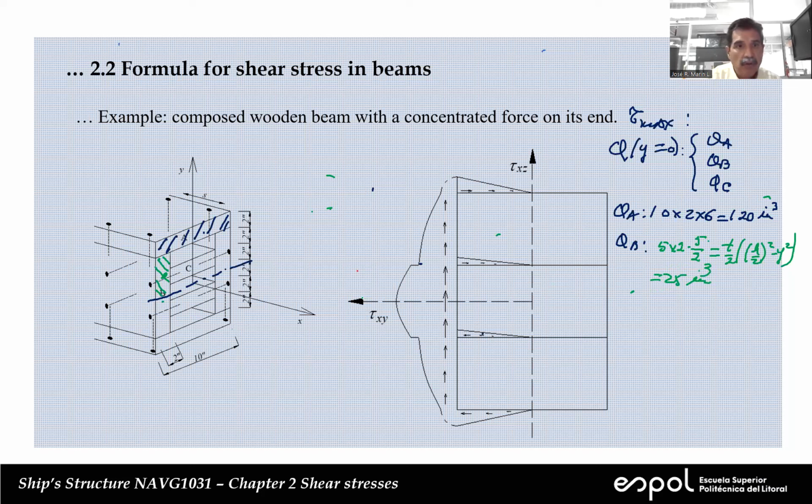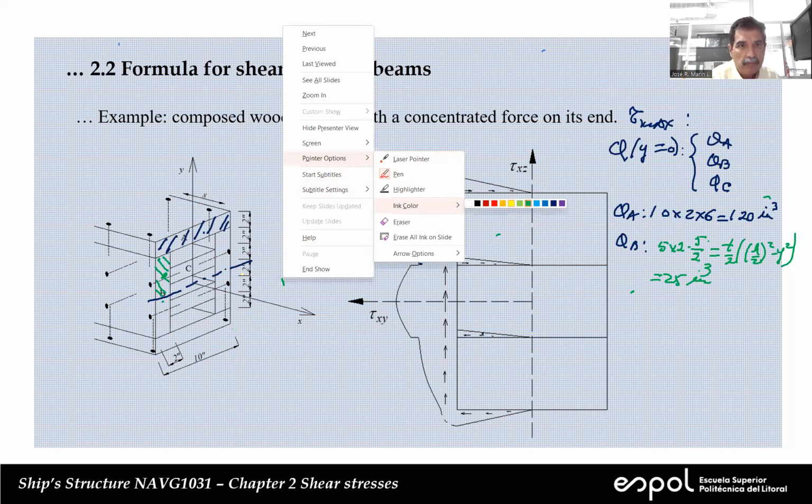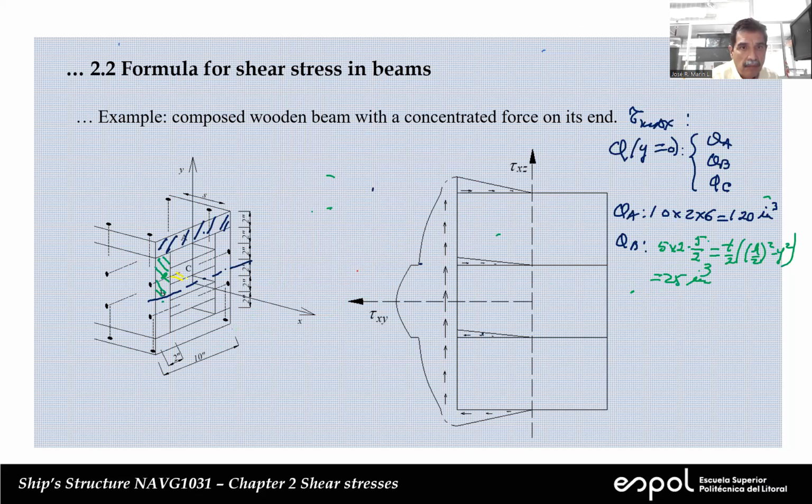And finally, let's go to the element C. Mr. Sawai, are you there? Mr. Sawai, are you there? Mr. Sawai, please don't make me waste time. Mr. Sawai, Q of C. No?